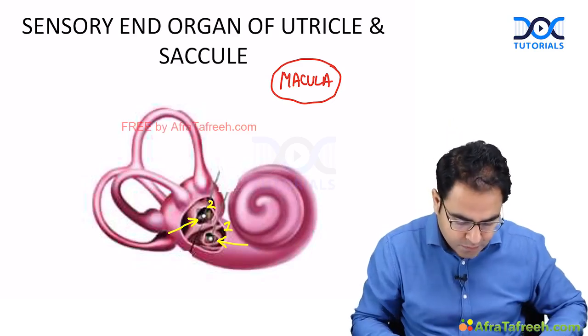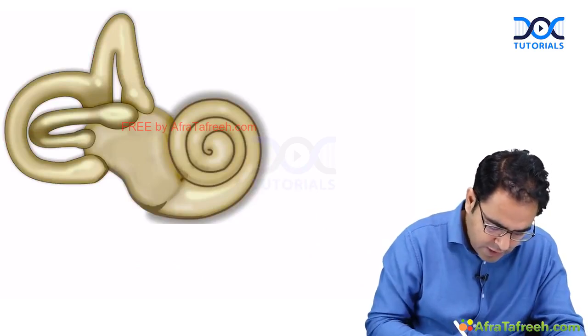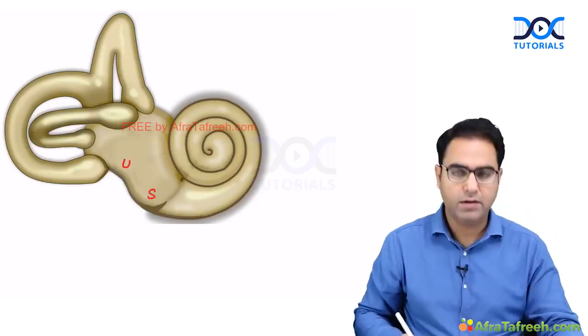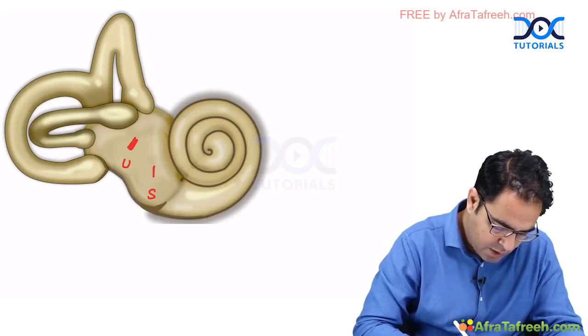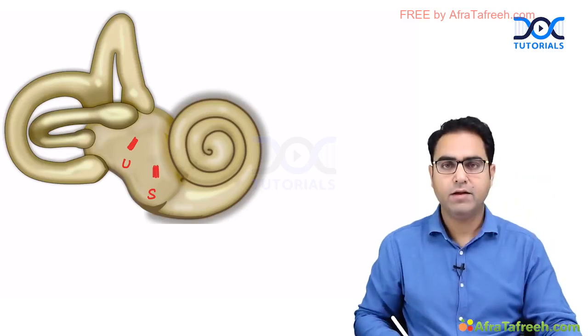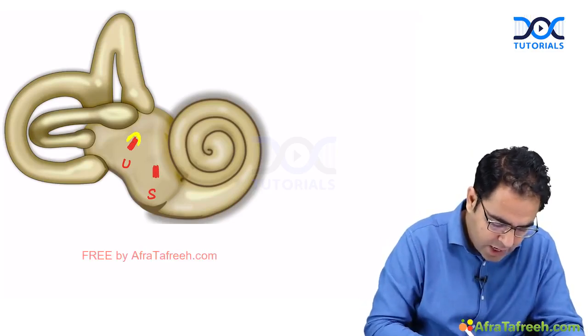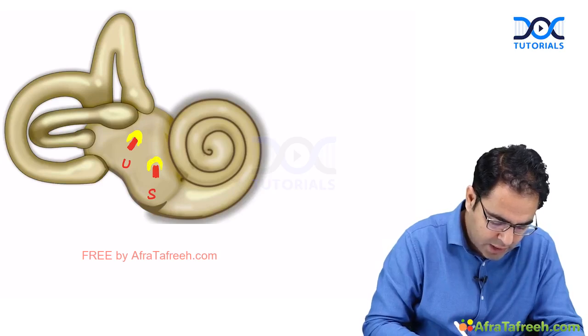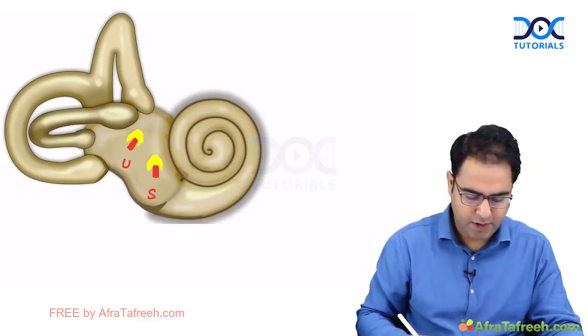Now, let us see over here. Everybody knows this is the saccule and this is the utricle. There is one macula here and one macula here. Now, the macula is covered by a gelatinous layer, this yellow gelatinous layer.